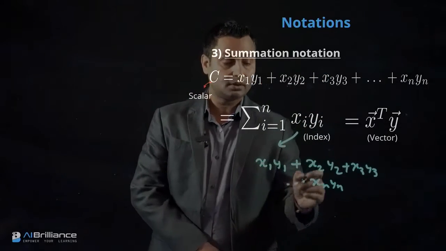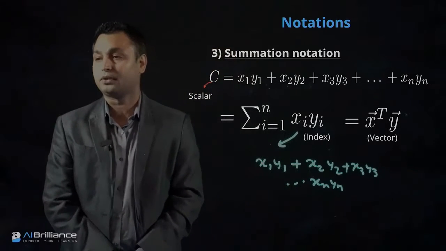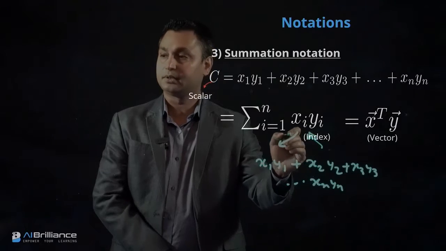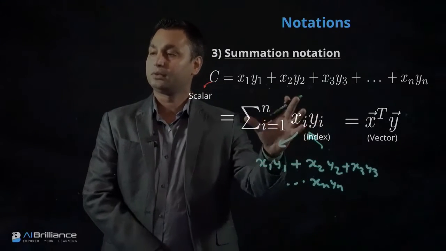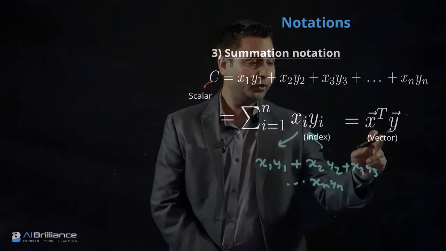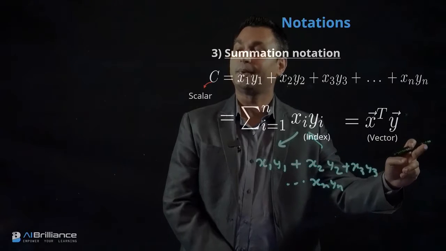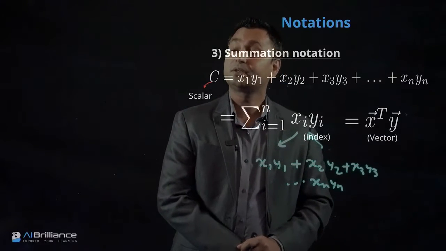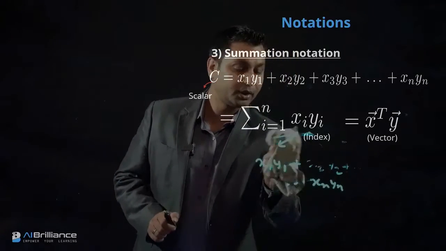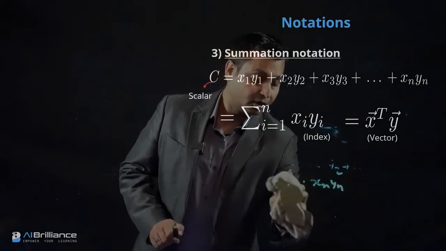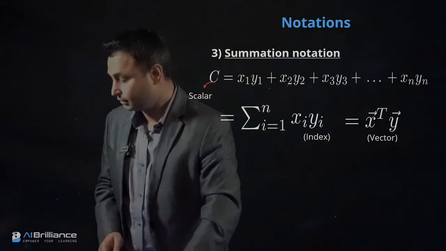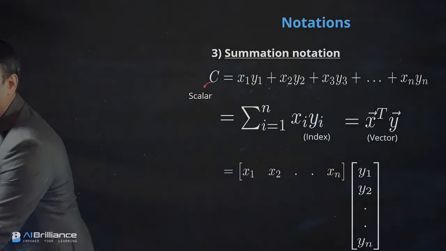The summation notation, in the context of our representation, is basically an index-wise notation: you are using indices i, xi, yi. You can write the same equation in vector form as vector x transpose multiplied by vector y, and that also results in exactly this equation. Let's quickly go through that computation, so that you can see that it doesn't matter whether you use indices notation or vector notation; it leads to the same formulas.